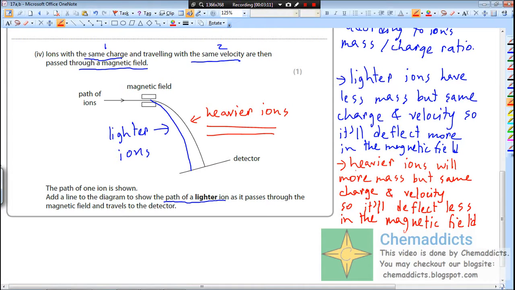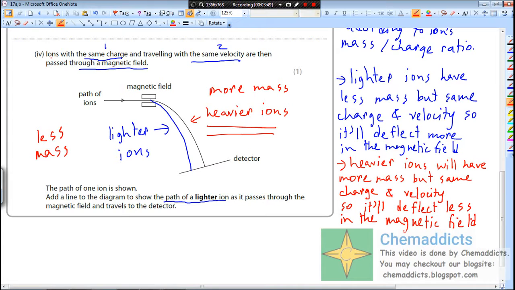But heavier ions have more mass but the same charge and velocity, just like lighter ions, so they will deflect less in the magnetic field. Heavier ions have more mass, so they will deflect less, and since lighter ions have less mass, they will deflect more. So that is how it goes.